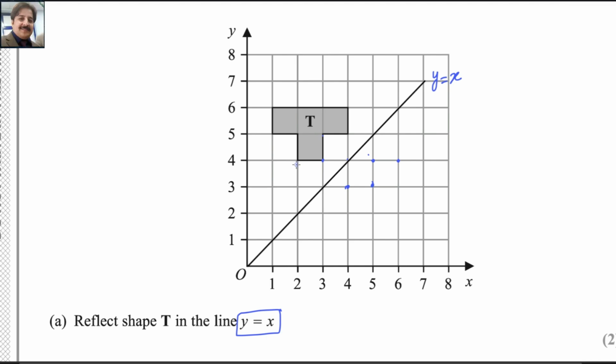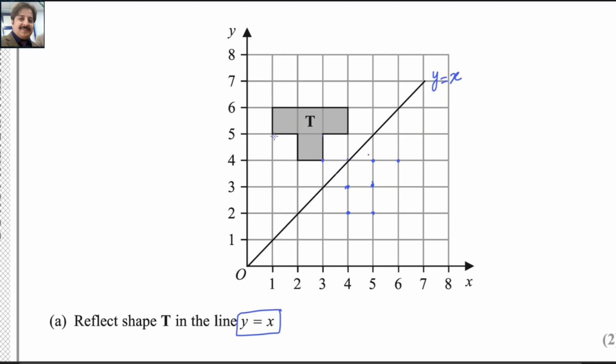Now let's move on. We will choose this point. This point is 1 unit away, a complete unit, so it comes here. Then this point is 1.5 units, so half and 1 unit, that point comes here.